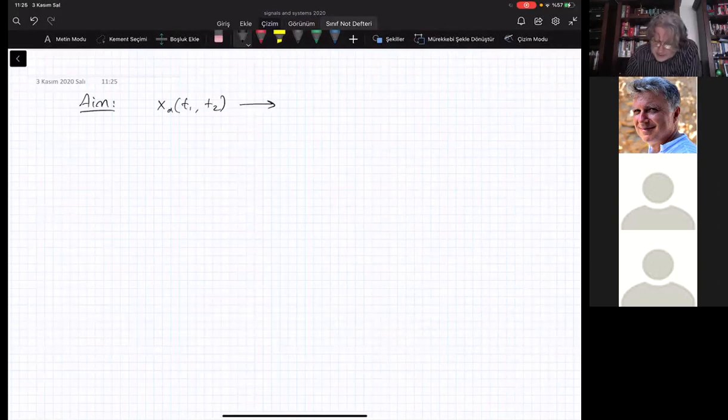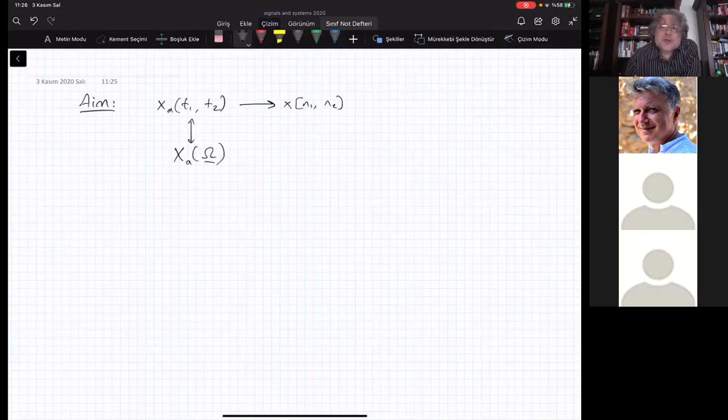And from there, we sample it to obtain x of n1 and n2. Okay, so what are the relations between the Fourier transform of this one, which I'm going to call xa of capital omega?